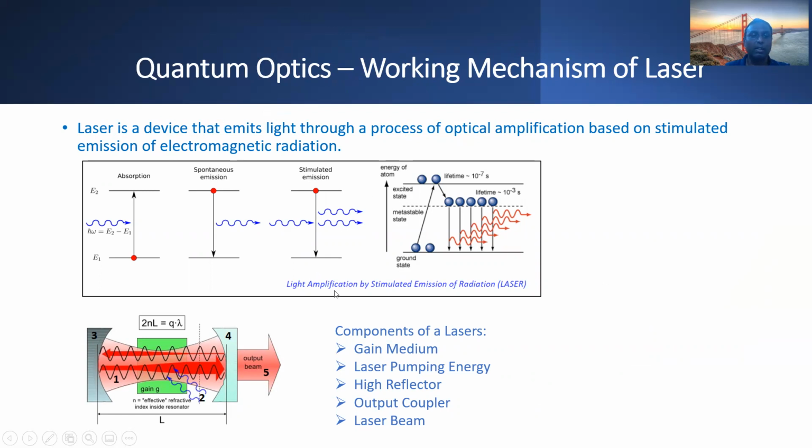So we can see that here the stimulated emission generates another photon with the same energy level, or we call it a clone photon. Some of the components needed for the laser are a gain medium, laser pumping energy, high reflector, output coupler, as well as the laser beam.